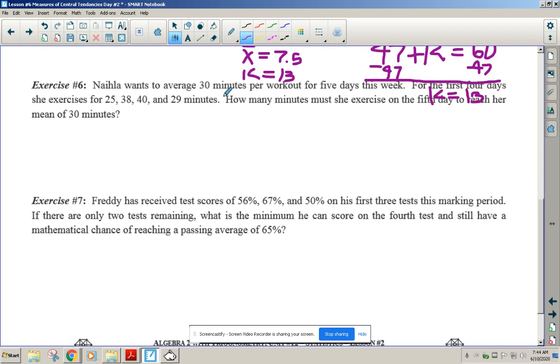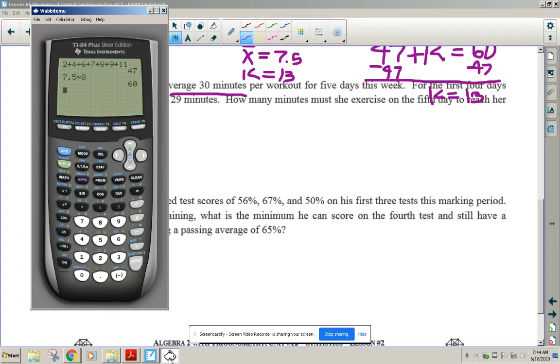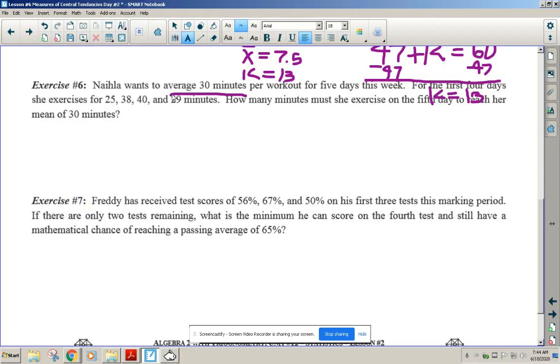Nalia wants to average 30 minutes. So she wants her average to be 30 minutes for 5 days a week. For the first 4 days, she exercised. And here again is where you're going to want your calculator. So she exercised for 25 plus 38 plus 40 plus 29. So right now she has exercised for 132 minutes, and I'm just going to type that one.